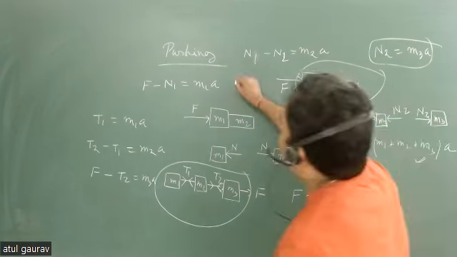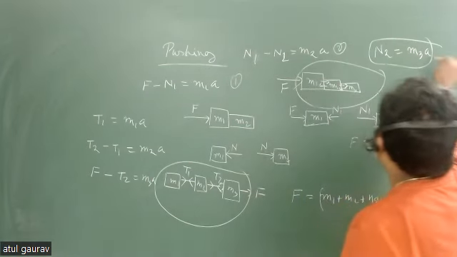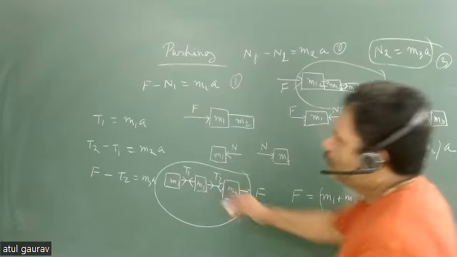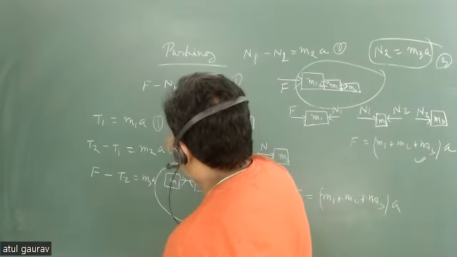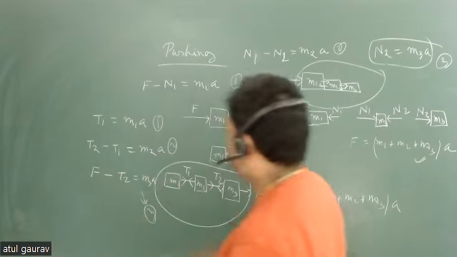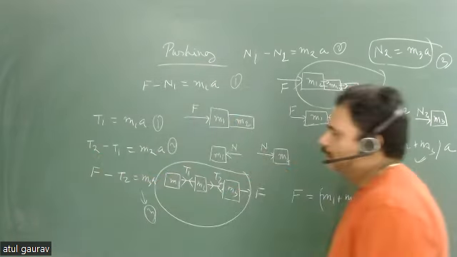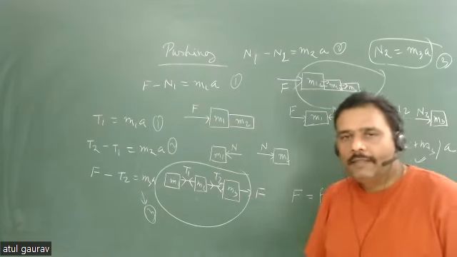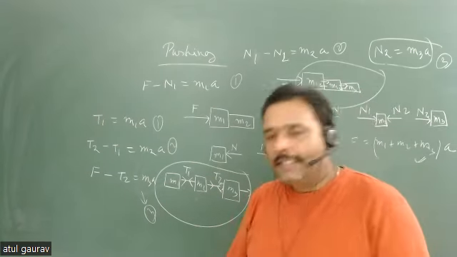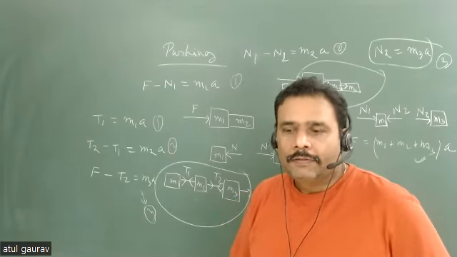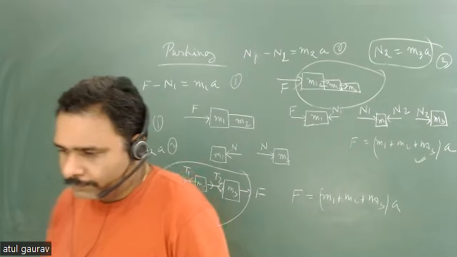You are adding this one and this one. So what will happen? All these things cancel out each other, right? So the effect of tension is not there, and the effect of normal is not there. Are you getting my point? Okay. Thank you, sir.